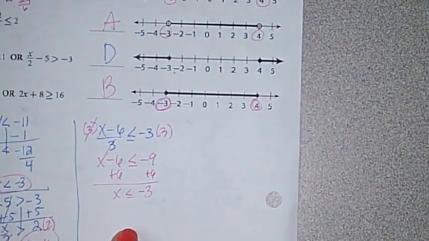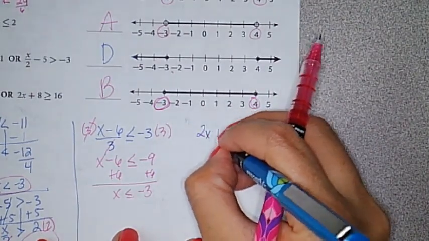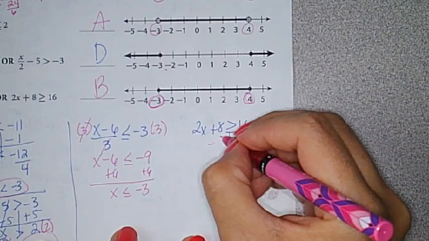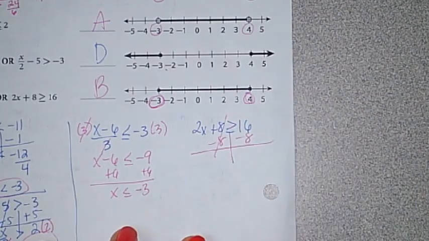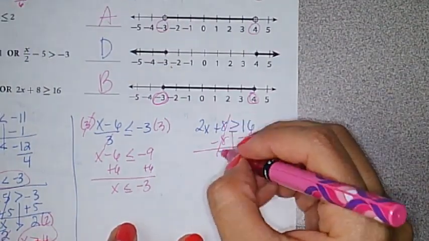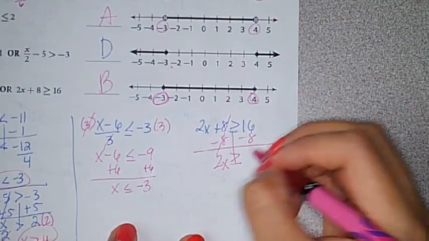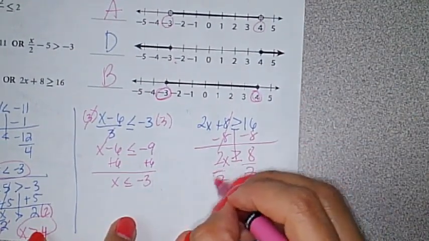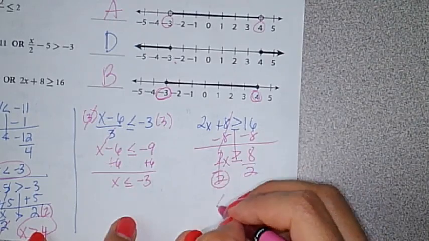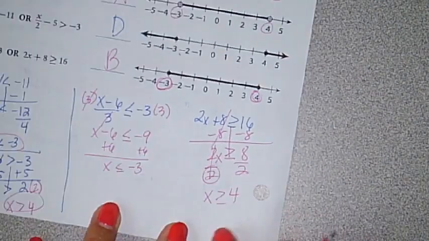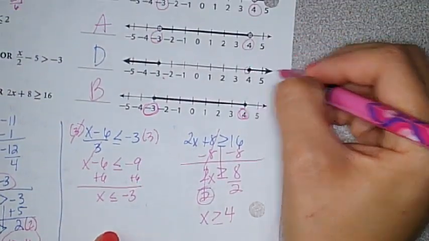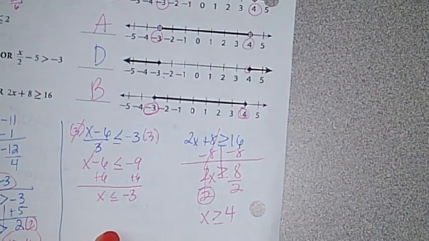And then the other inequality for D would be this one. Okay, minus 8, the inverse of plus 8 to get rid of that and isolate the x. Okay, and here would be 8 divided by 2. I divided by a positive, so I leave it as is. X is greater than or equal to 4, and this one's x is greater than or equal to 4, so it matches. So there you go.